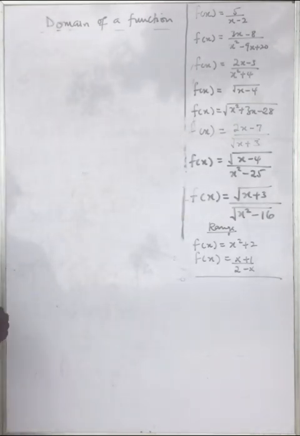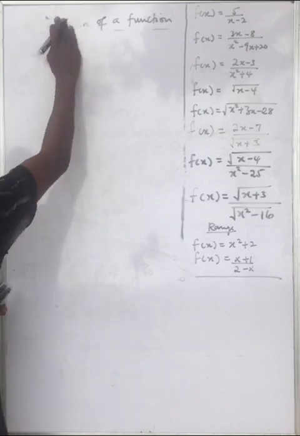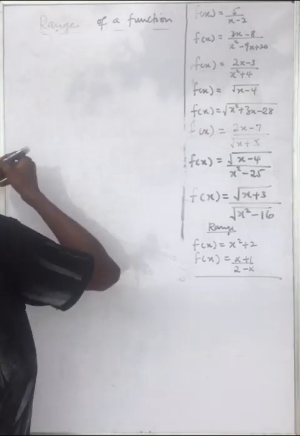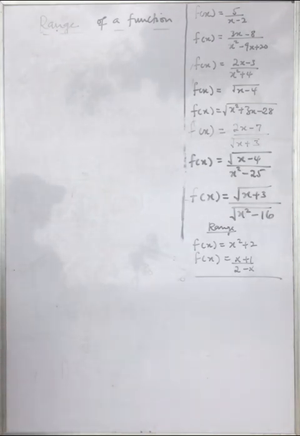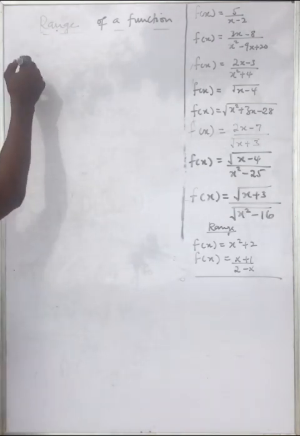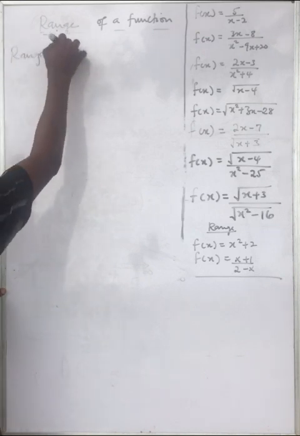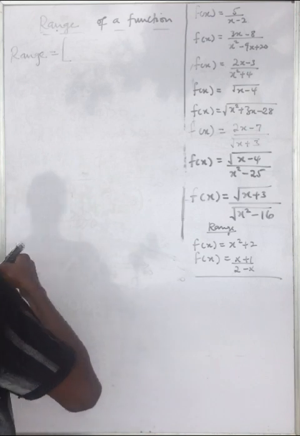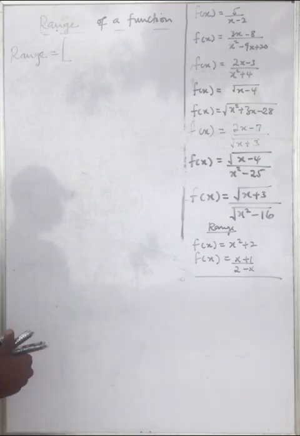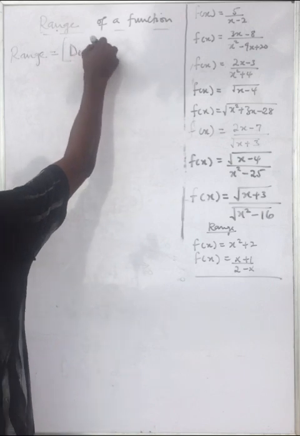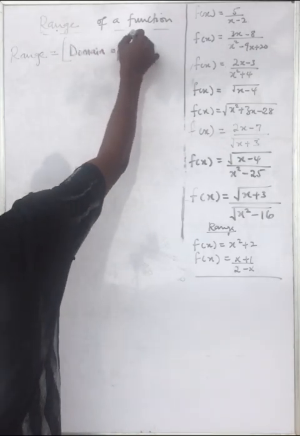Now the range, like I told you, the range of a function. You need the concept of what we have been taught. So the range of a function is equal to the domain of the inverse.